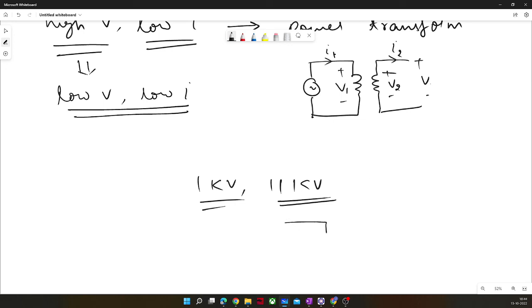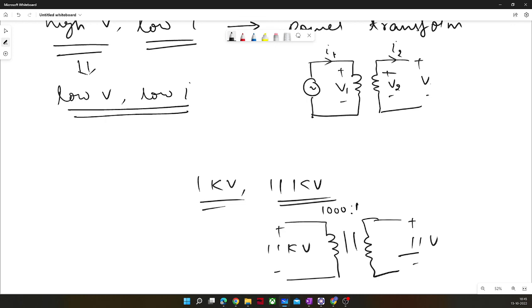If you have 11 kV voltage here, you transfer it with a number of turns of 1000 to 1, so it will come out to be 11 volt, right? 11 volt you can easily measure, right?